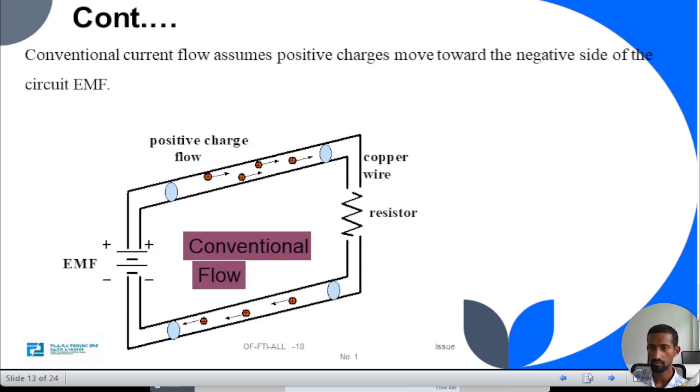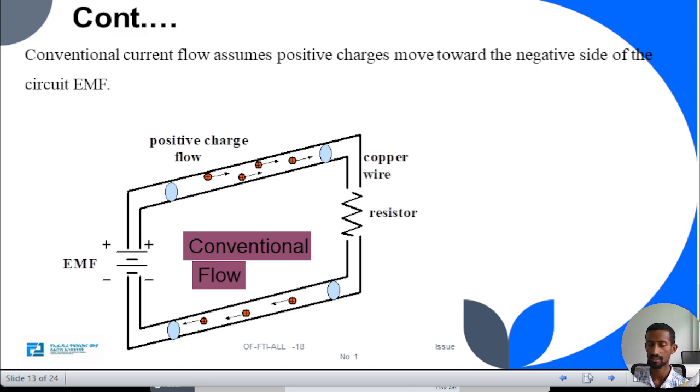Conventional current flow assumes positive charges move towards the negative side of the EMF. So by the rule of repulsion, this potential will push positive charges to this negative terminal. Actually, the protons which are located at the center of the atom are not movable, but we can think about relative motion.